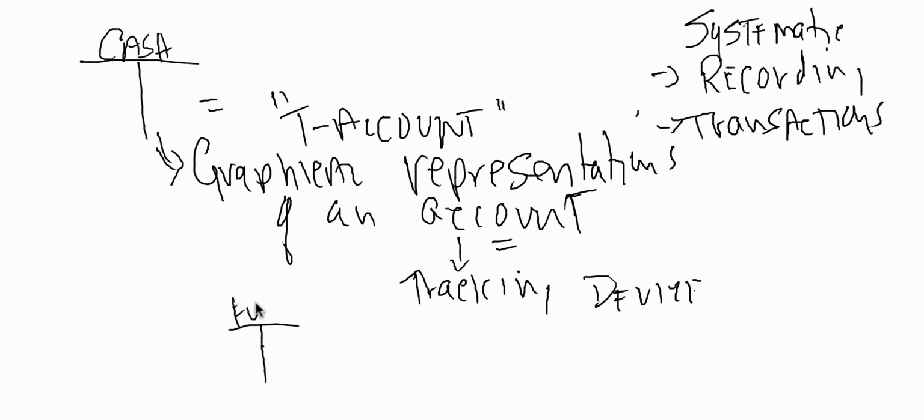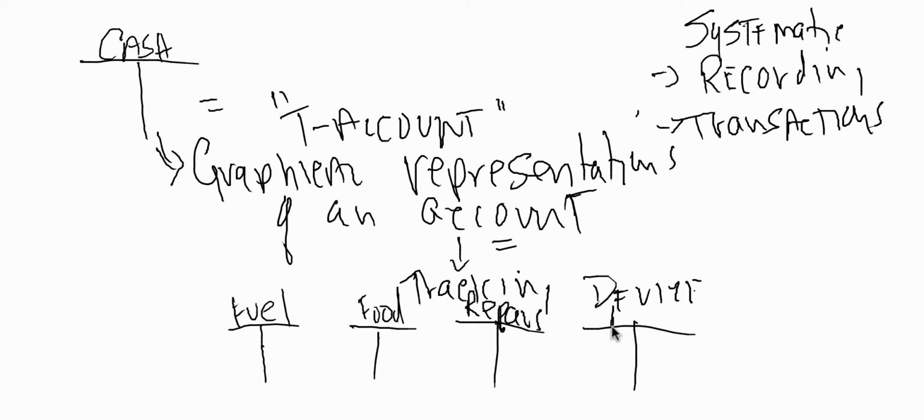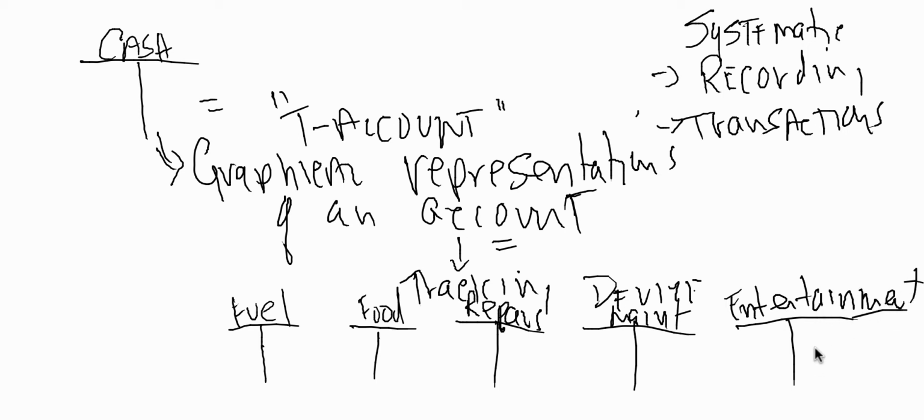Fuel, food, repairs, maintenance. I don't know if I'd have a movies account, but maybe an entertainment account, so I could stick movies and other stuff in here. Okay, so it's just a tracking device.